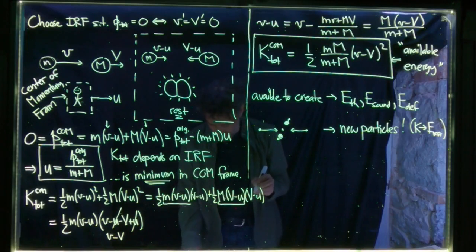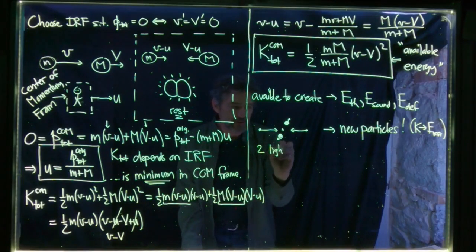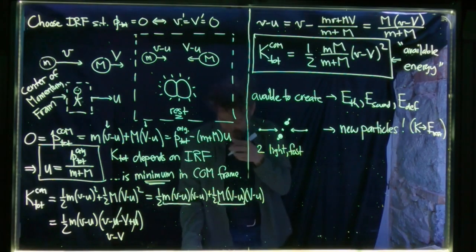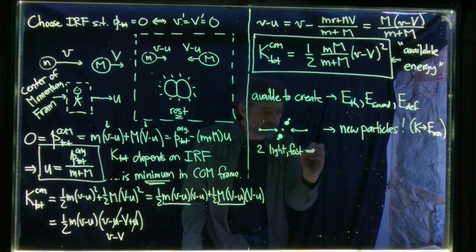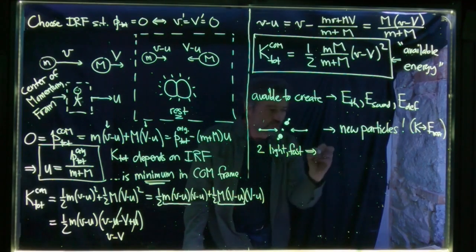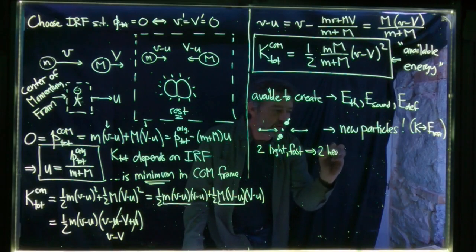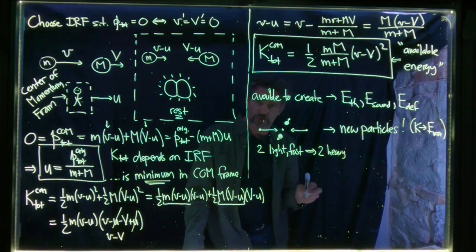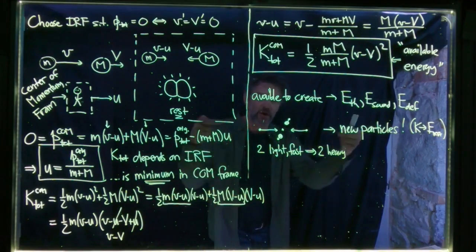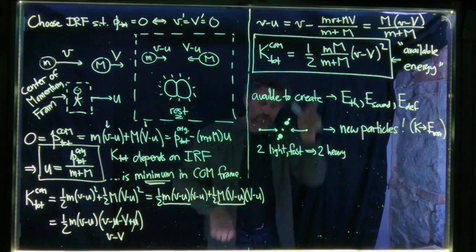So let me just write it out. Two light particles, say low rest mass particles, that are moving fast. They have kinetic energy, and this can be converted into particles with heavier rest mass, and we're saying a pair, so that we have zero momentum initially, zero momentum finally, from the symmetry.